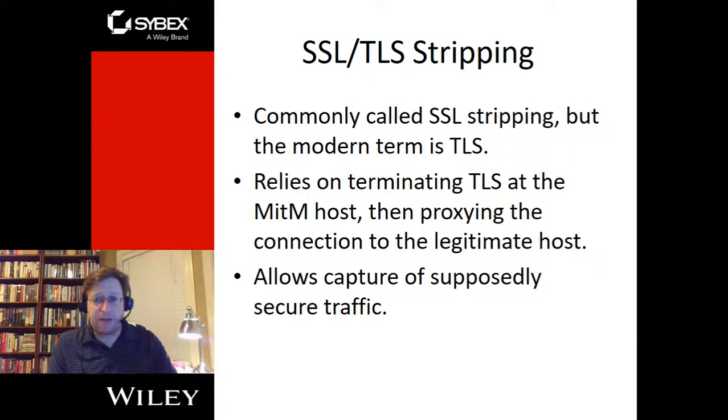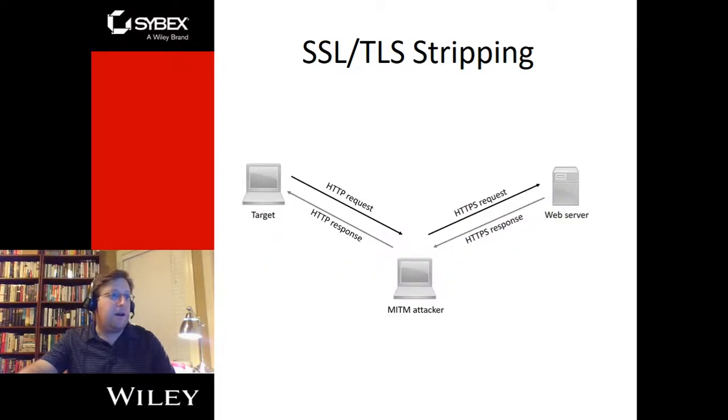It's not really an accurate term, but it's what everybody uses, so that's what the book calls it. Downgrade attacks are pretty much the same concept, except they're specific to TLS handshakes. So there is a demonstration of what that looks like here.